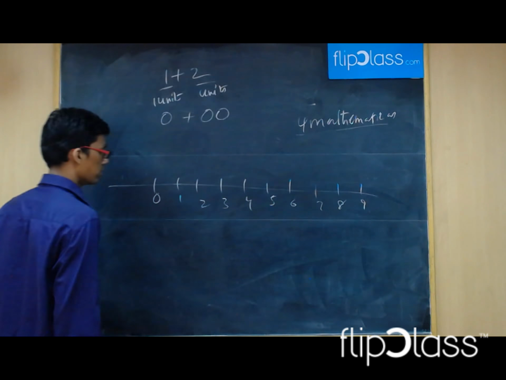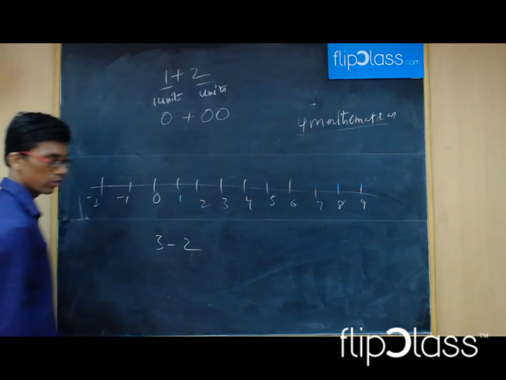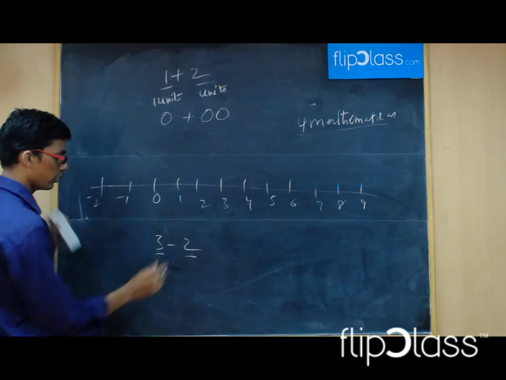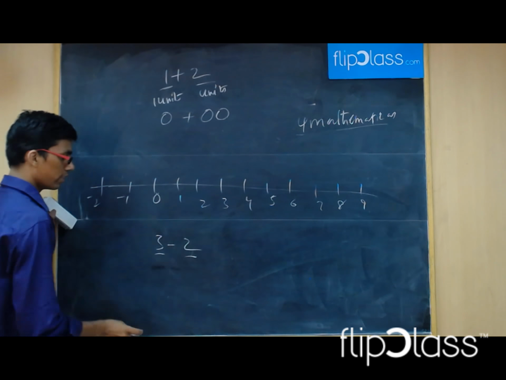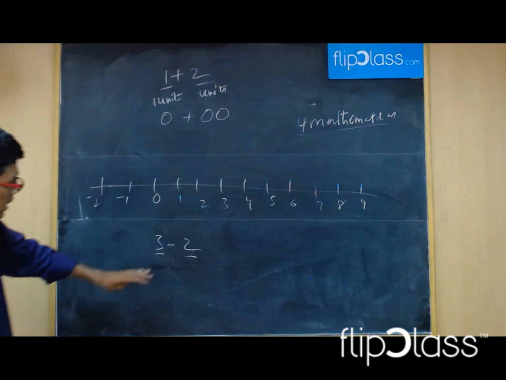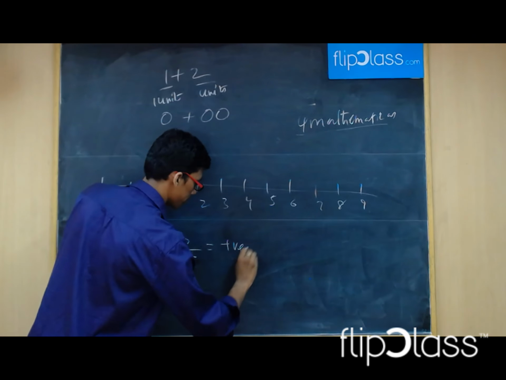Out of these, which number is greater? The number 3 is always greater than 2, leave aside the sign. So 3 is greater than 2. When you are subtracting a number that is smaller from a greater number, you will always have a positive number.